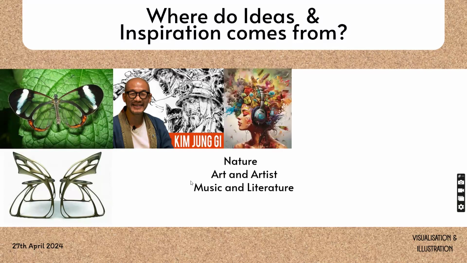Then music and literature: while listening to a song, certain kinds of emotions or visions are created, and when we read a book, we automatically connect those words to a certain kind of vision, like we did in the first exercise, where we drew an illustration for a word.